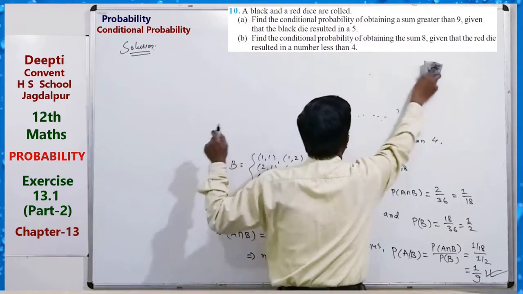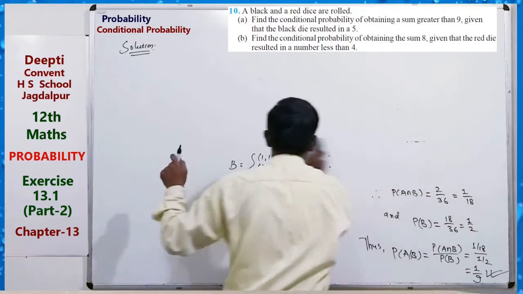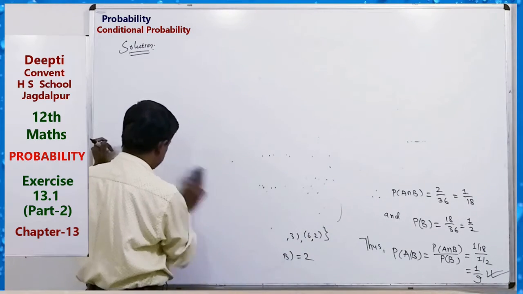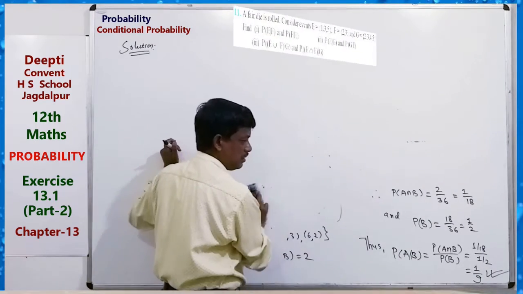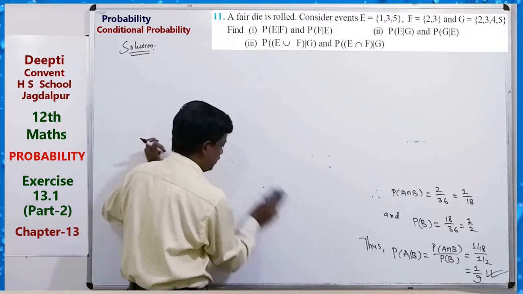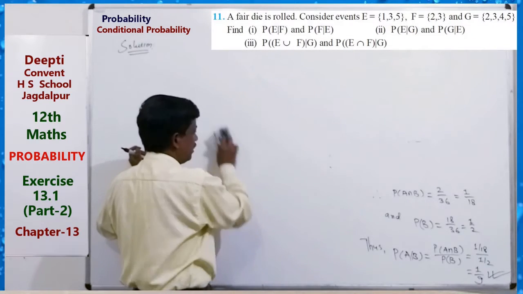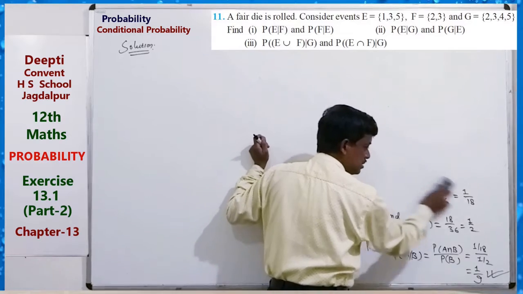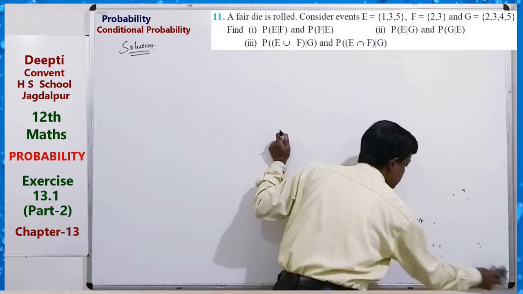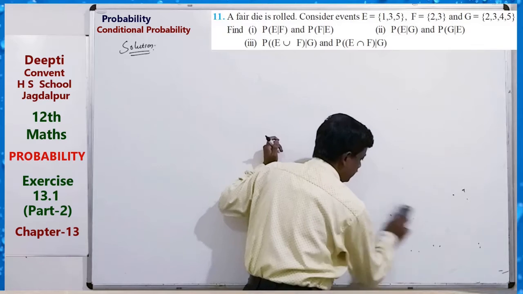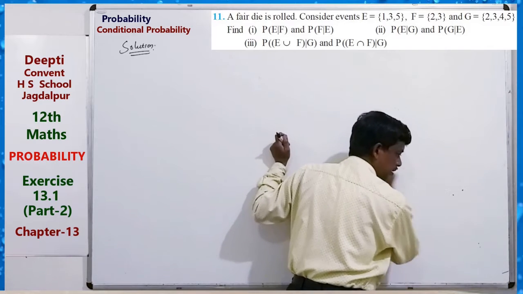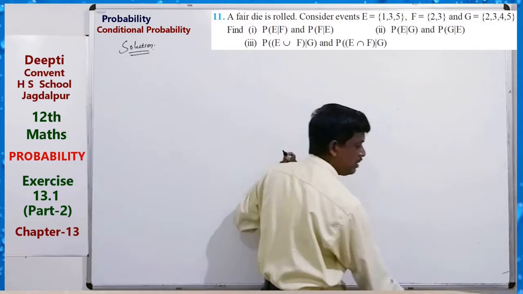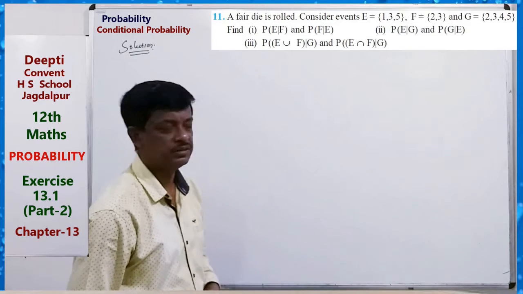Here you can write the formula for finding probability, because there are E by F, F by E, E by G, and there are three given events as sets. So we can find all the values.